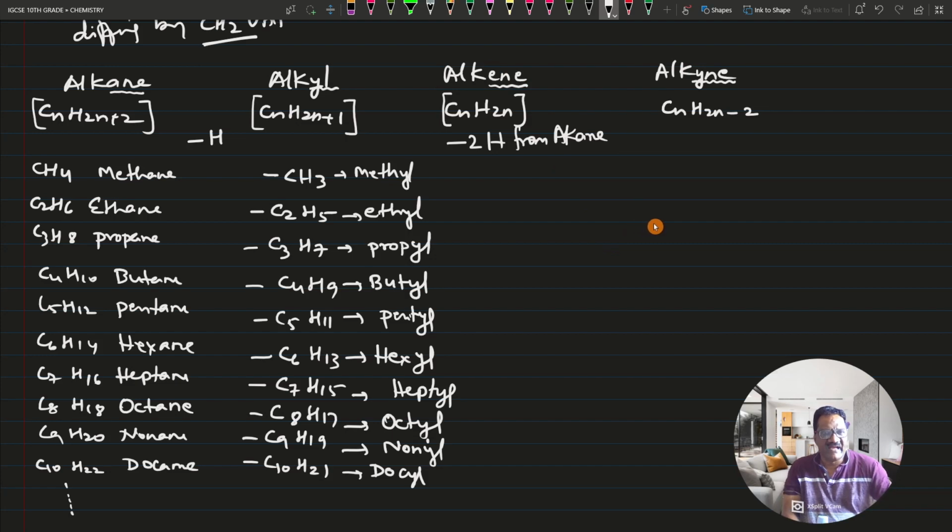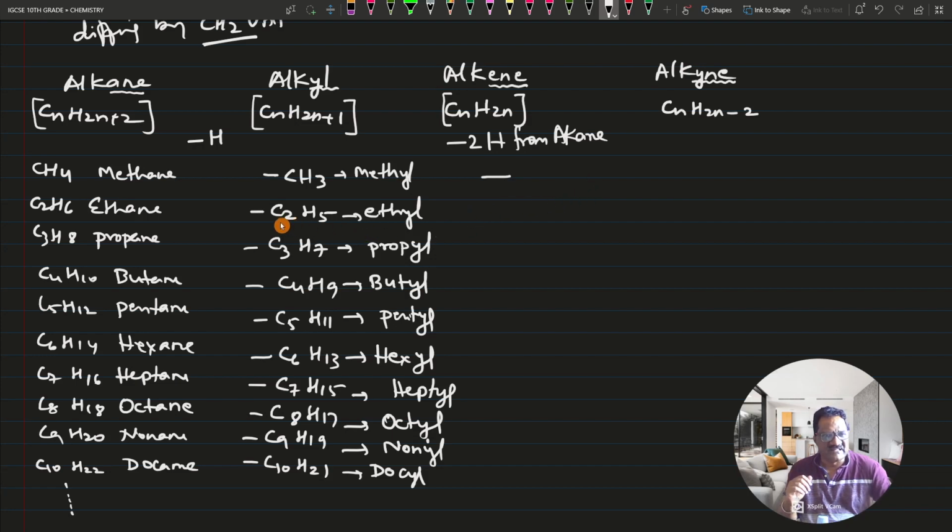Somehow, in the first place, you cannot form any compound corresponding to methane, and the reason I'll tell you later. But methane does not have a corresponding alkene.